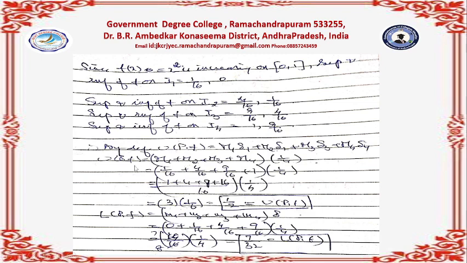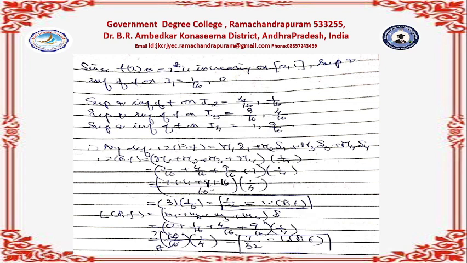Now what is UPF? Because delta is the same, we can write capital M1 plus capital M2 plus capital M3 plus capital M4, multiplied with the length of the interval, 1 by 4. So, 1 by 16 plus 4 by 16 plus 9 by 16 plus 1, multiplied with 1 by 4. So it becomes 1 plus 4 plus 9 plus 16 by 16 into 1 by 4.